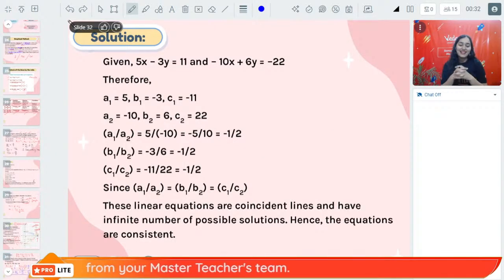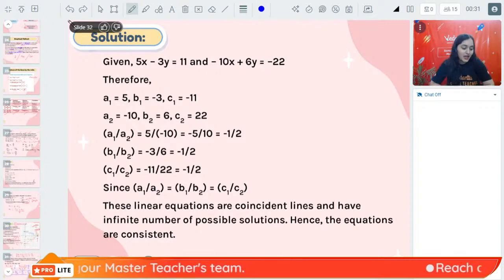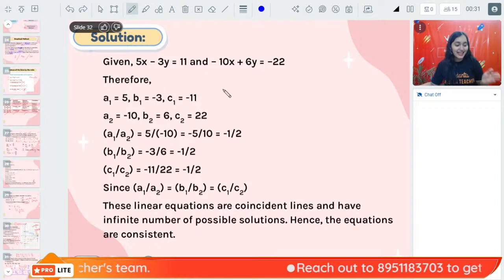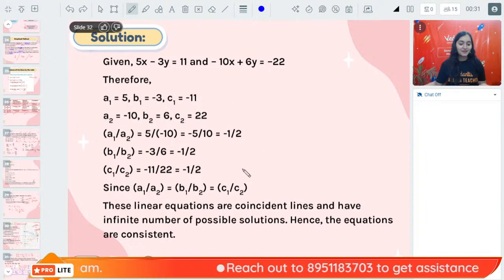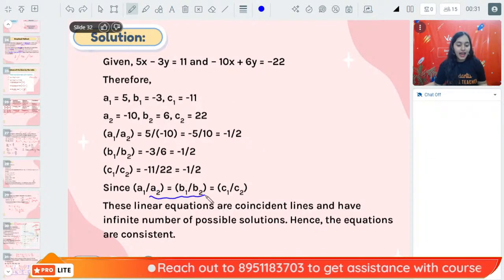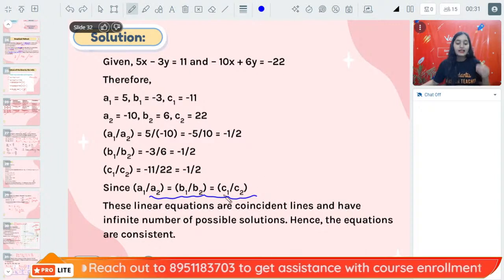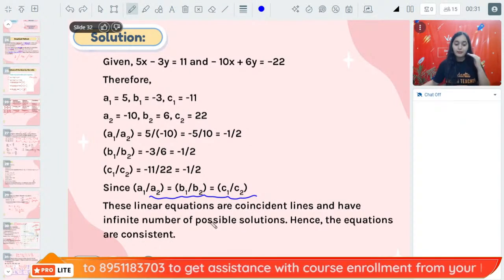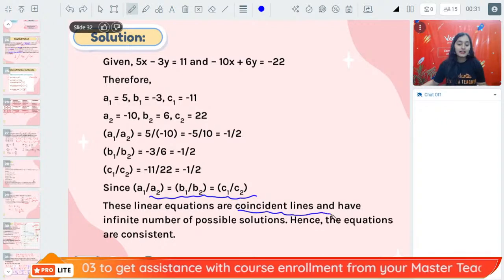So our solution is, yes, since all the values are equal, consistent, not inconsistent. Since all are having equal values, they are consistent because they are coincident lines.